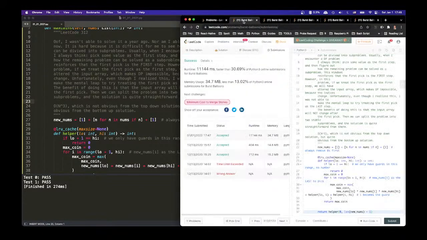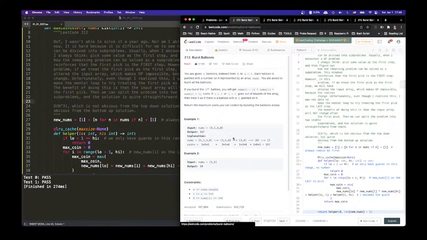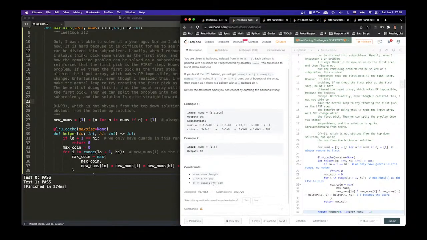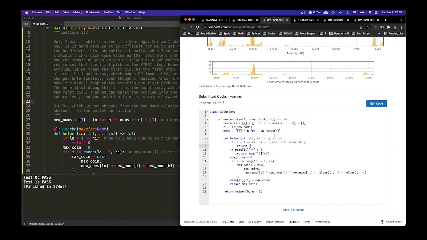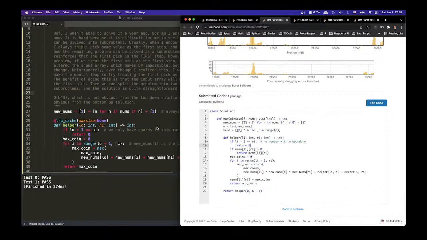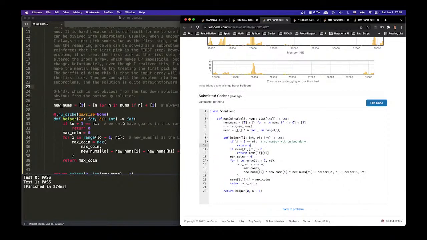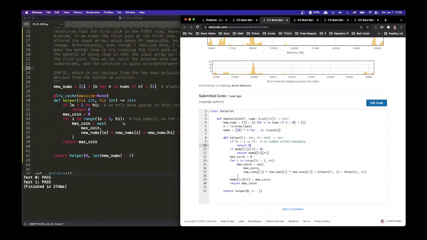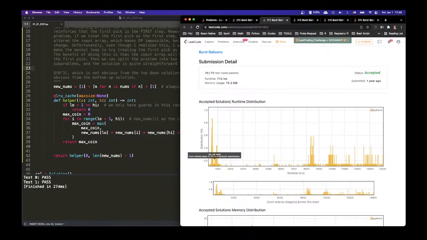Well, n is not smaller, n is always larger. Yeah, we did do that. I mean, I used the cache, I don't have to do this. Or did they change something? I don't know.